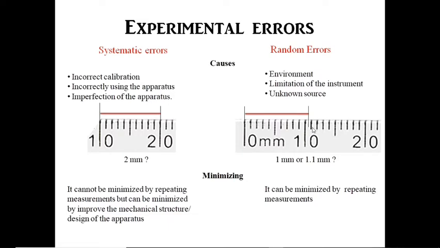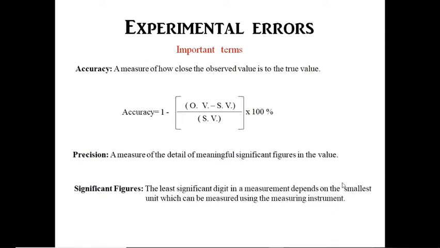You can see that it is 1 mm. No, it is between 1 and 1.1 mm. This is a limitation of this instrument. We cannot measure it exactly. It is minimized by repeating the measurement.